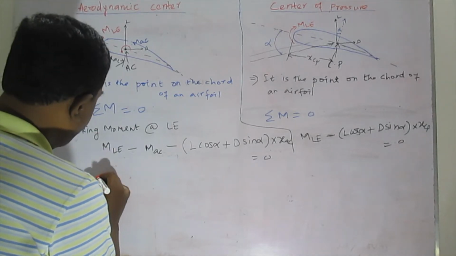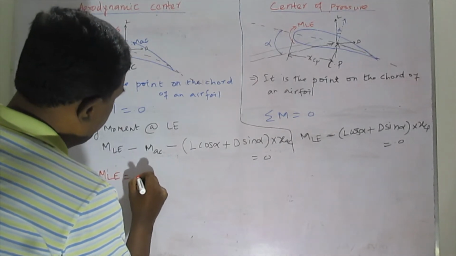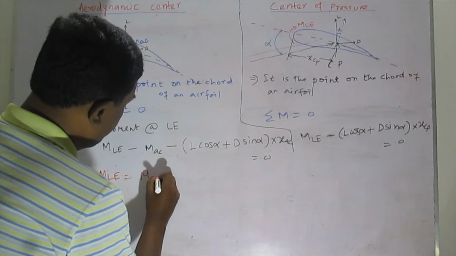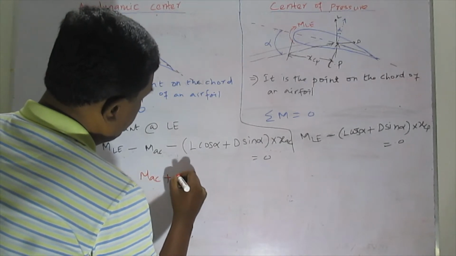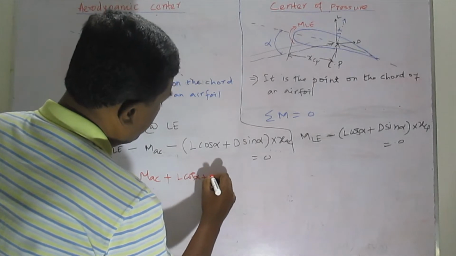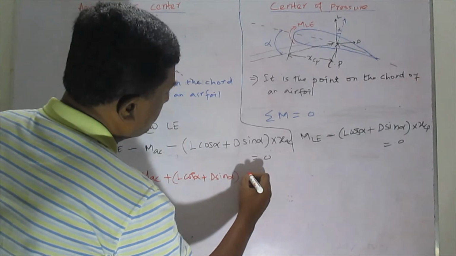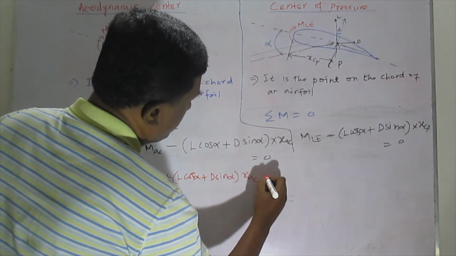So I can write moment about leading edge equal to MAC plus L cos alpha plus D sin alpha into XAC.